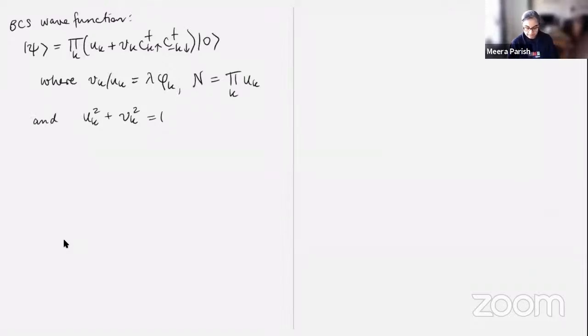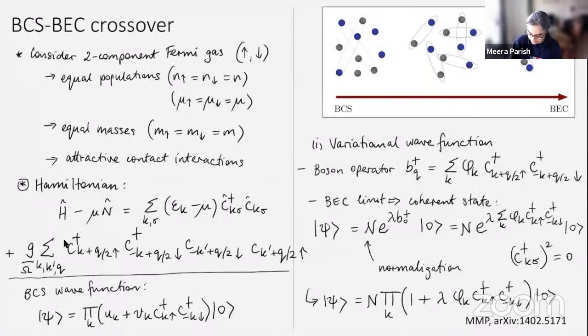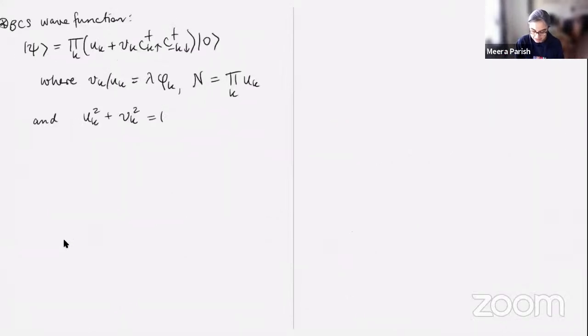All right, so what we're really showing here, a few things we've shown. We've started from the BEC side, written down a coherent state, expanded it, and then what we find is actually this exactly corresponds to what was written down in the BCS case. So this strongly suggests that you can have a crossover.